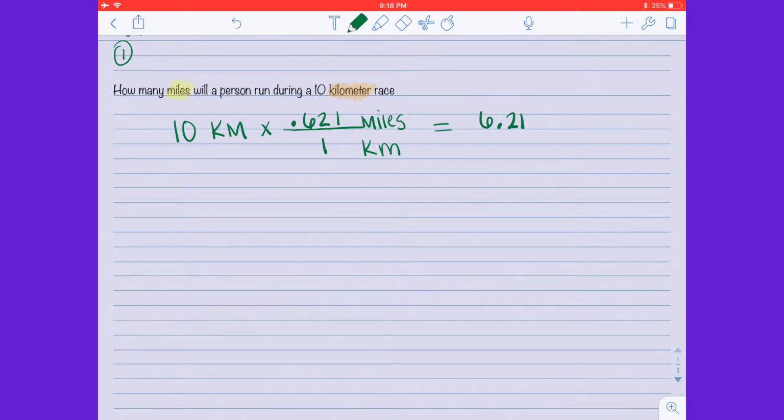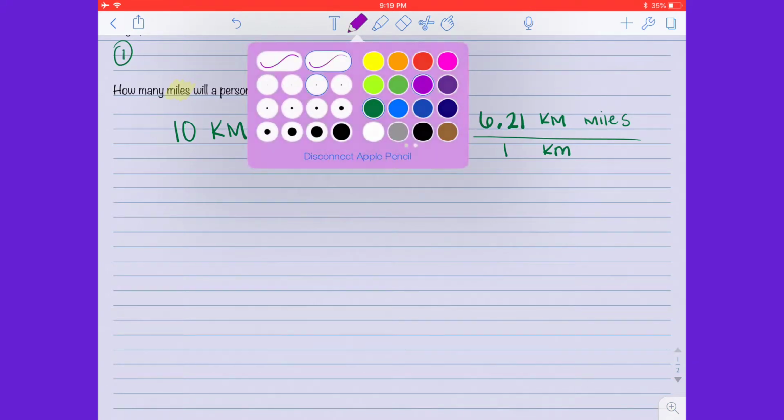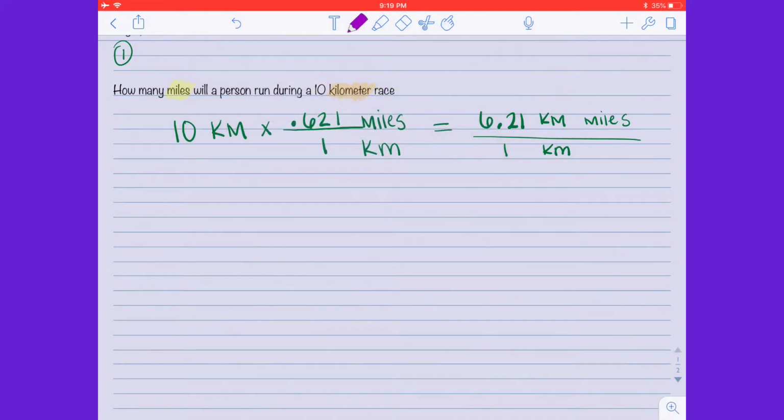I'm going to write this out for the sake of this video, though we normally don't do this. I have kilometers, and then I also have miles all over 1 kilometer. I'm doing that because I want to show you why the cross multiplying works.